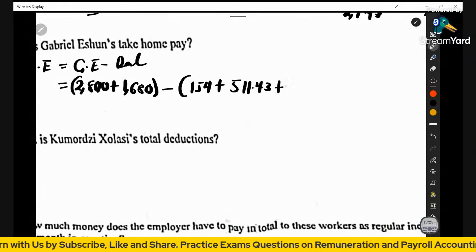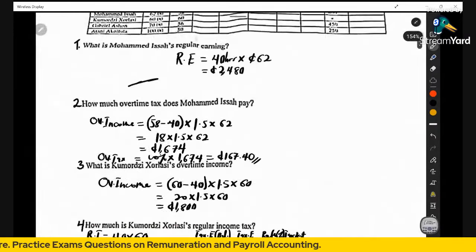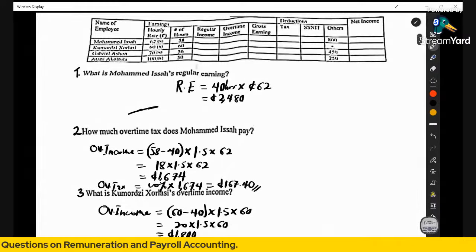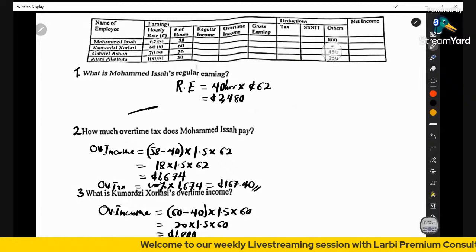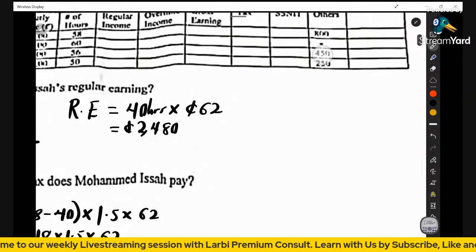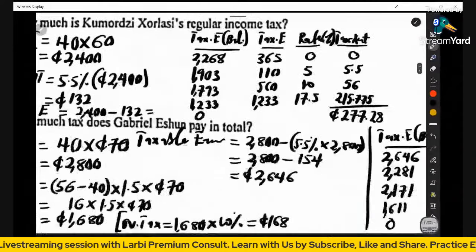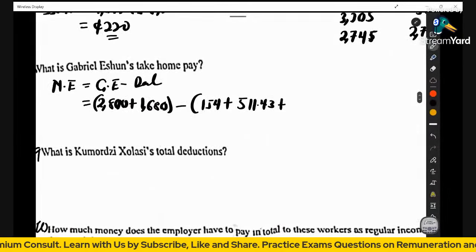Plus, is there any other expense that Gabriel incurred from the table? Let's see from the table. So from the table, we can clearly see Gabriel is number 3. We can see other expense as 450 for Gabriel, right? The 450 here. So also factor that into the equation. So what are we getting? So that's going to be 450.